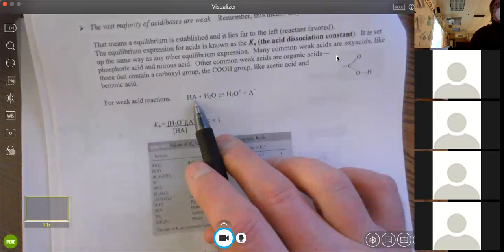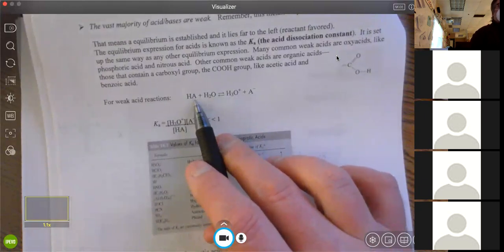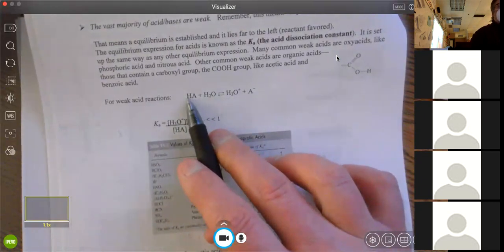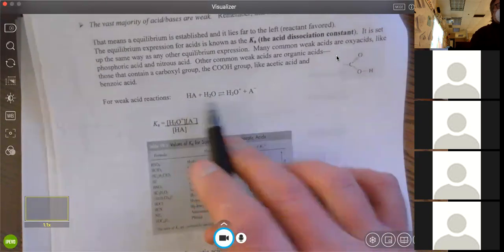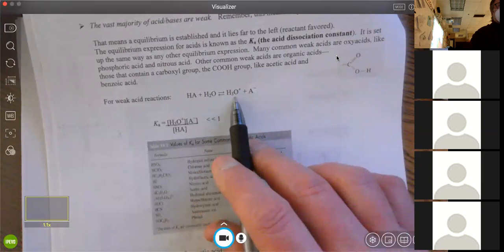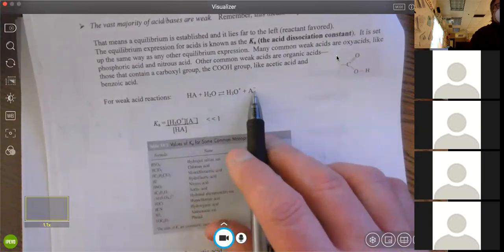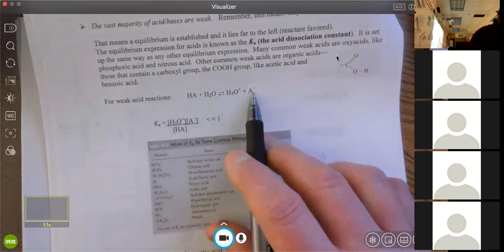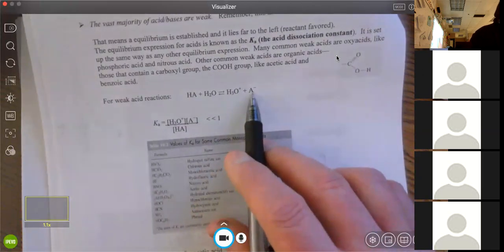If we take a look here, this is the denoted acid, attached to an H. If we put it in water, it loses that H, and then the anion goes off by itself. Keep in mind that this A negative is the conjugate base.